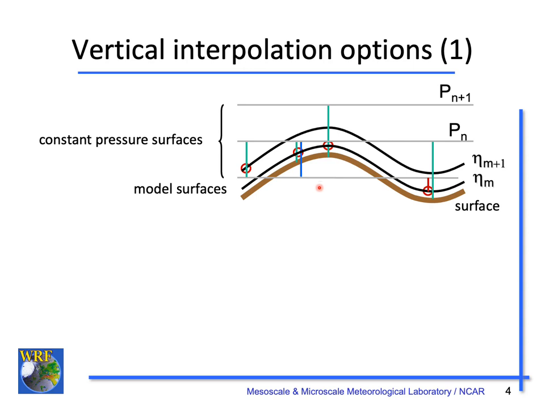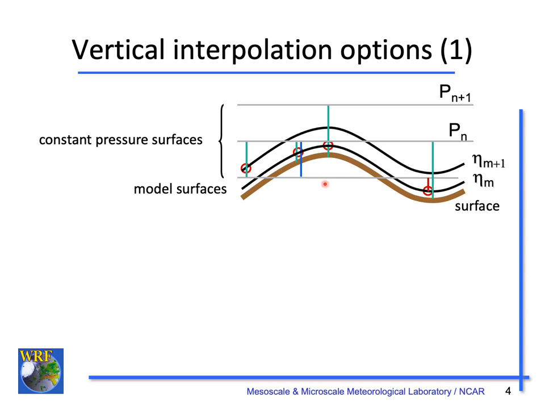This slide and the next show options we can use to do a better vertical interpolation of the data from WPS, which comes in typically on constant pressure levels, to model levels which are terrain following. The complication of this vertical interpolation often occurs near the ground, as shown in this sketch, where intersections of constant pressure levels, ground levels, and model levels happen.